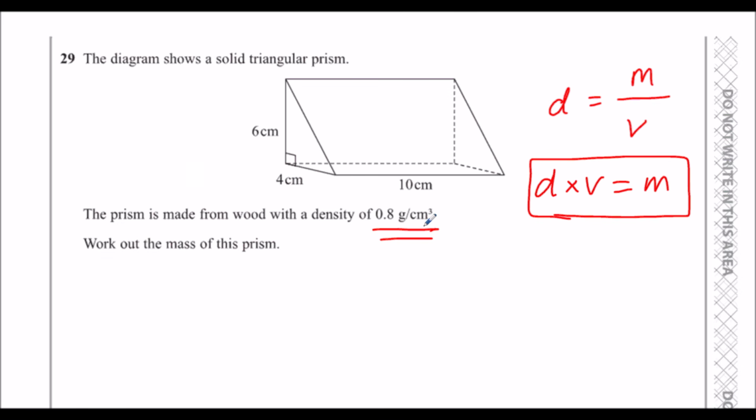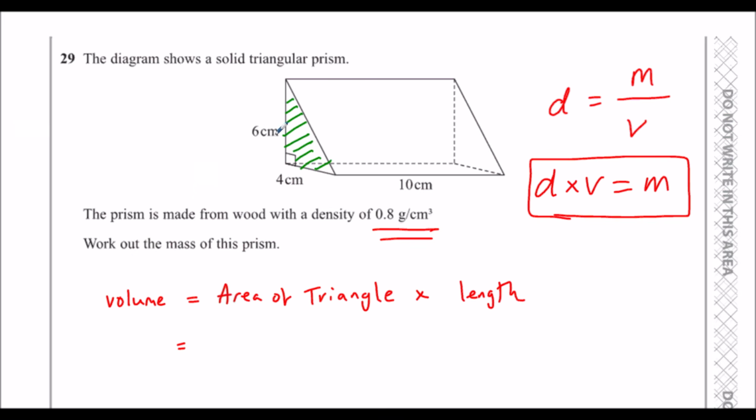So we've got the shape and we can work out the volume. The volume of a prism is the area of the cross section, the area of the shape on the front, times how far back it goes. So it's the area of the triangle times the length, and the length will be 10.